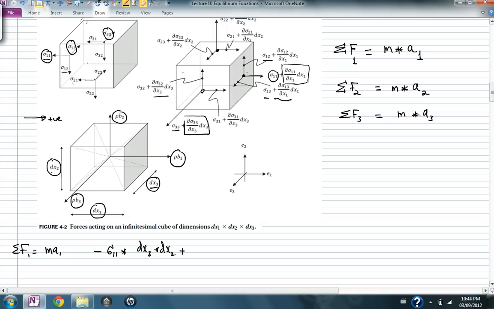I also have sigma to 1, also in the negative direction, so minus sigma to 1 multiplied by the area, and the area of the bottom face here is equal to dx1 dx3.